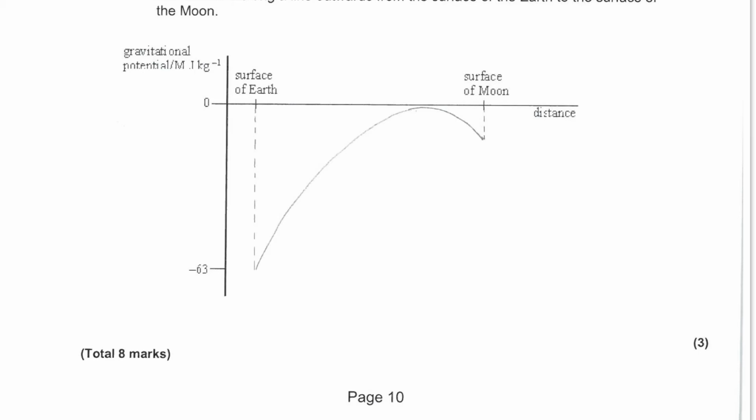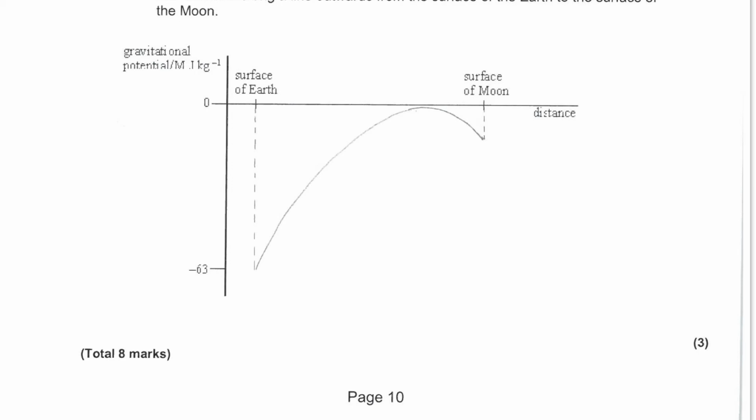Now, remember that potential is a scalar quantity, so if we want to find the potential due to two particular sources, you just add up the values, and both of the potential values that you're adding are negative, and so all our answer is in the negative part of the graph here.